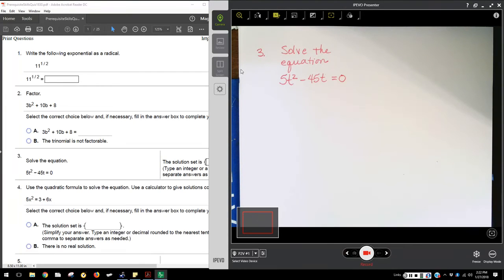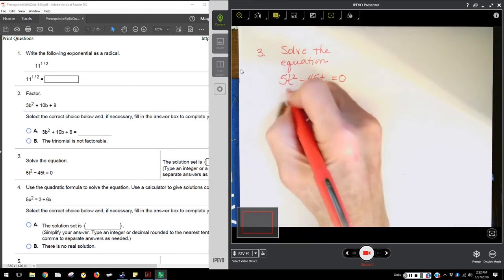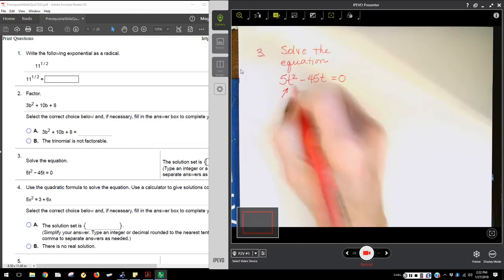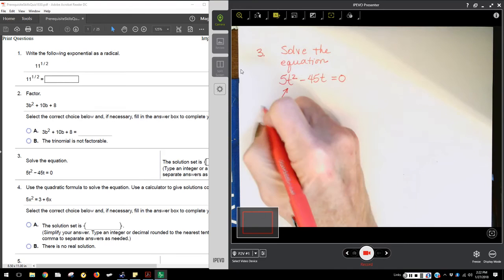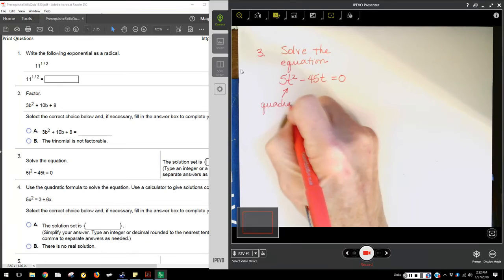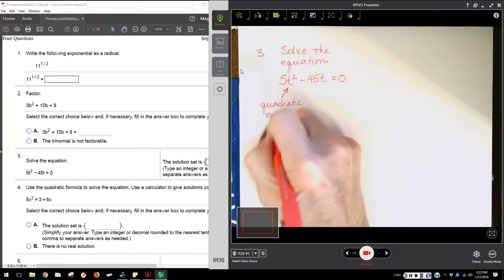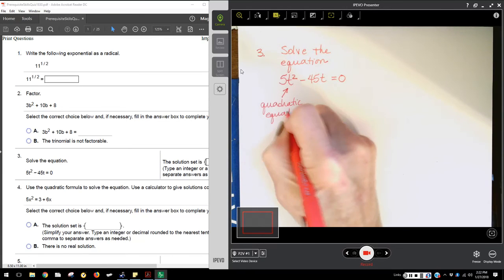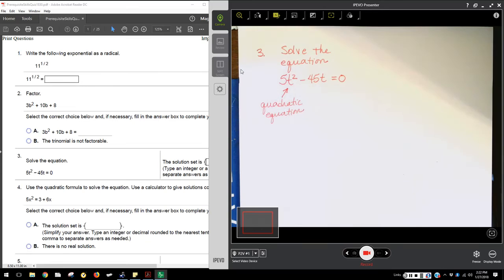The first thing I would want you to recognize here is that 5t squared minus 45t is in fact a quadratic equation. And the reason it's quadratic is because the highest power is a 2. So that's a very important piece of information.